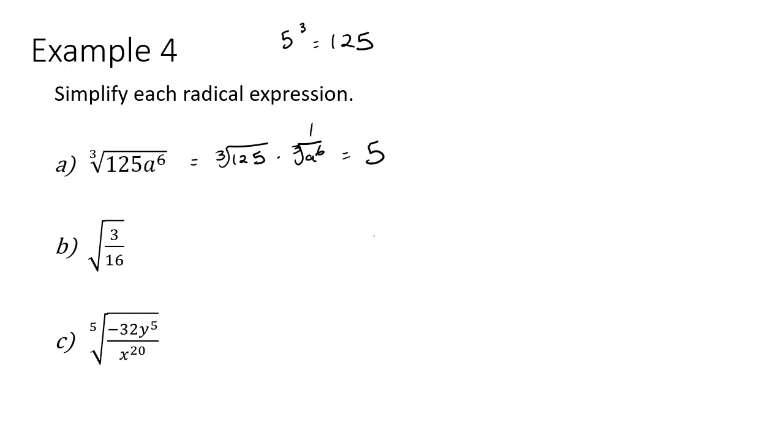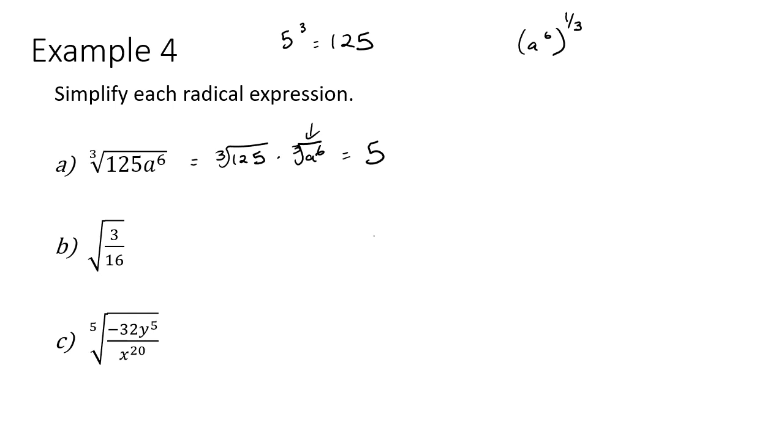But let's talk about how to handle this a to the 6th in the cube root. And the trick to seeing how this simplifies is to go back to writing it as a fractional exponent. So this is a to the 6th power inside of a cube root, which is the same as raising it to the 1/3 power.